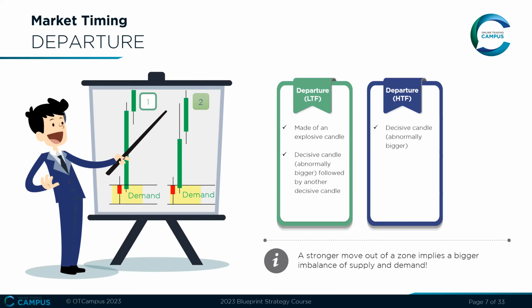Okay, so you have two examples drawn here. On the one, you have a clear explosive candle. On the two, you don't have an explosive candle, but you have a large candle and you have follow through. If I had to rate this objectively and say which one is better, then of course one would be better, because in the one example I have a lot less selling pressure and a lot more control of the buyers pushing this higher without even sellers coming into play.